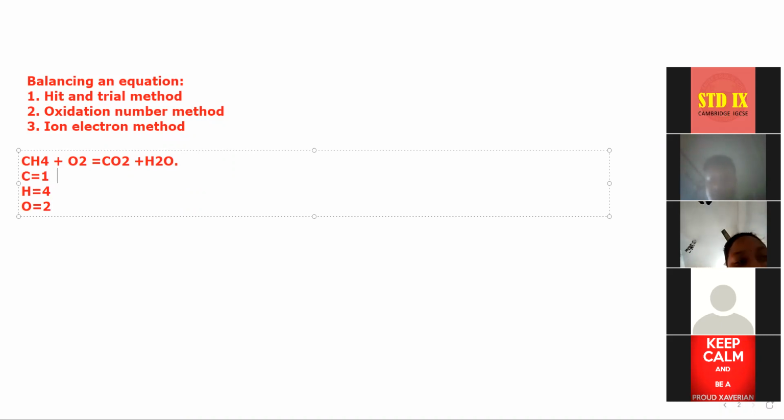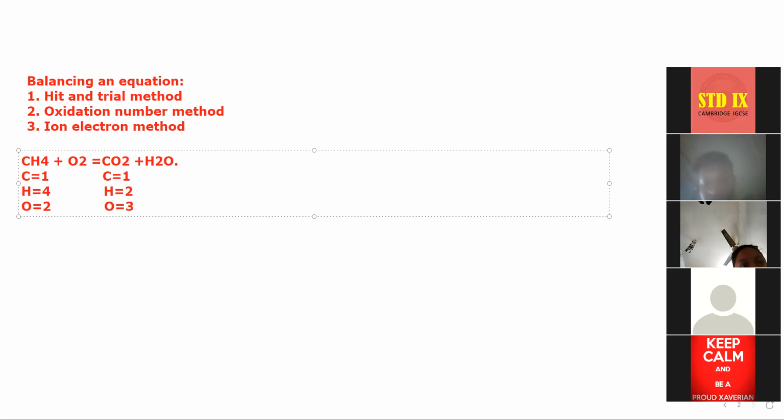Now, in the right hand side, you will write C equals 1, H equals 2, and with this oxygen, O equals 3. There is a typing mistake, O equals 3. We can see that the oxygen in the right and left hand sides is not balanced. The other things can be adjusted by means of doubling or making 2, something like that. One more mistake I made, C will be 1.